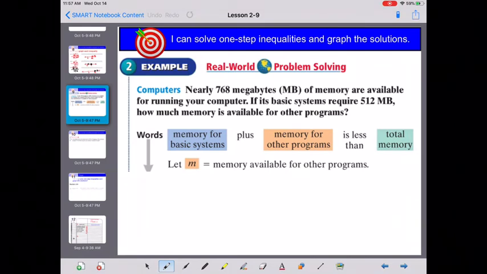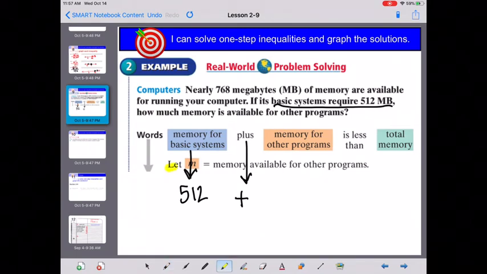So the memory for basic systems is 512. That information is right here. Plus the memory for other programs. And right here, it tells us to let M represent the memory for other programs.